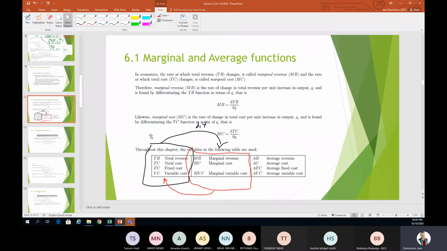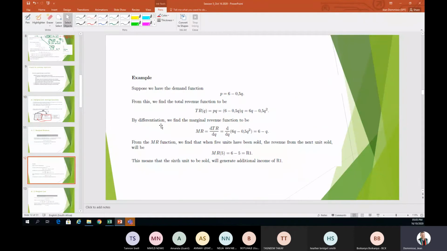Because now that becomes important. So I think that is what makes this subject so difficult. Well, not difficult, but the one follows onto another one. So you need to know now how to get to your total revenue. How do you get to your total cost and things like that?